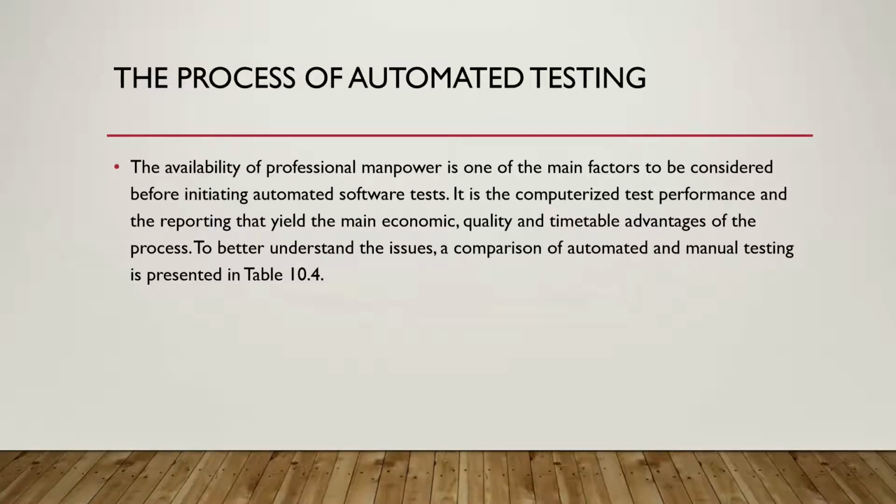It is the computerized test performance and the reporting that yield the main economic and timetable advantages of the process. To better understand the issue, a comparison of automated and manual testing is presented in Table 10.4.